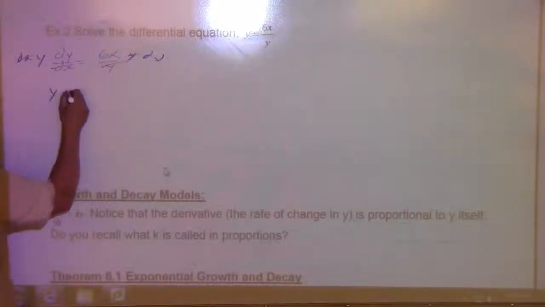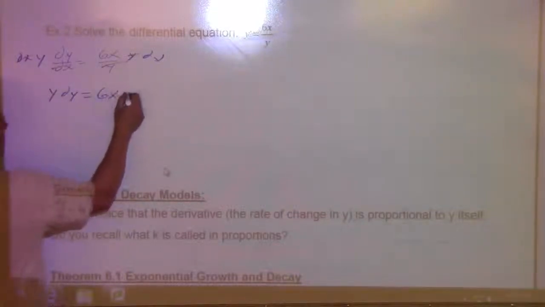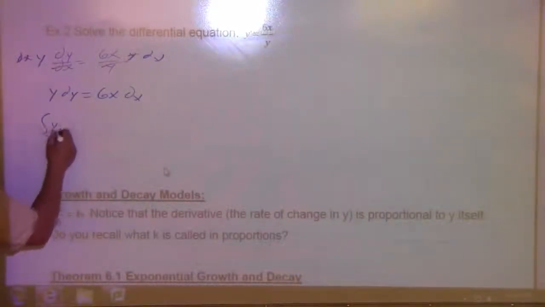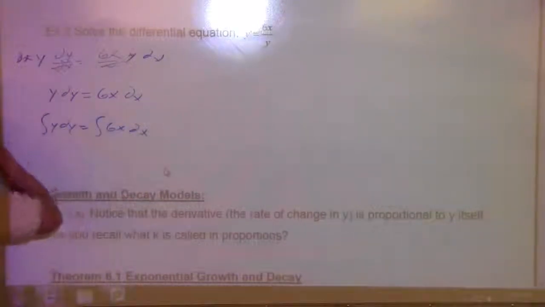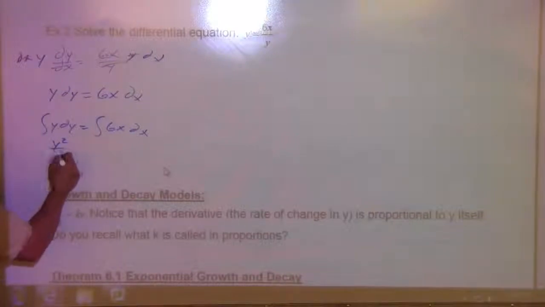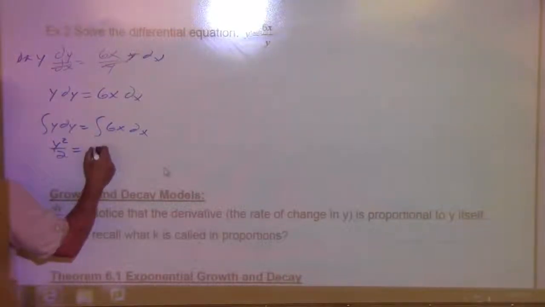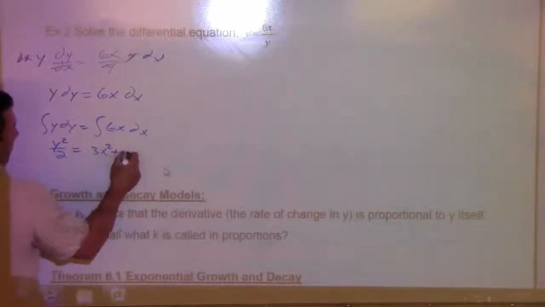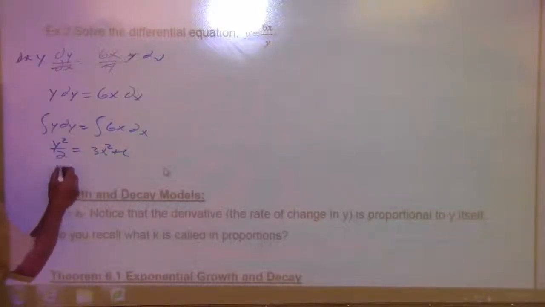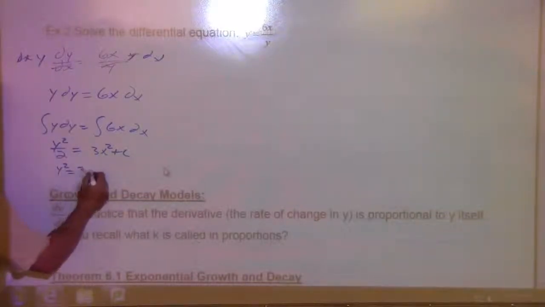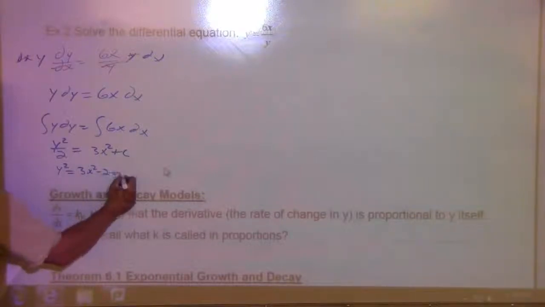We have y dy equals 6x dx. So the integral of y dy is the integral of 6x dx. y squared over 2 is equal to 3x squared plus some constant. If I subtract 2 from both sides, y squared equals 3x squared minus 2 plus c.